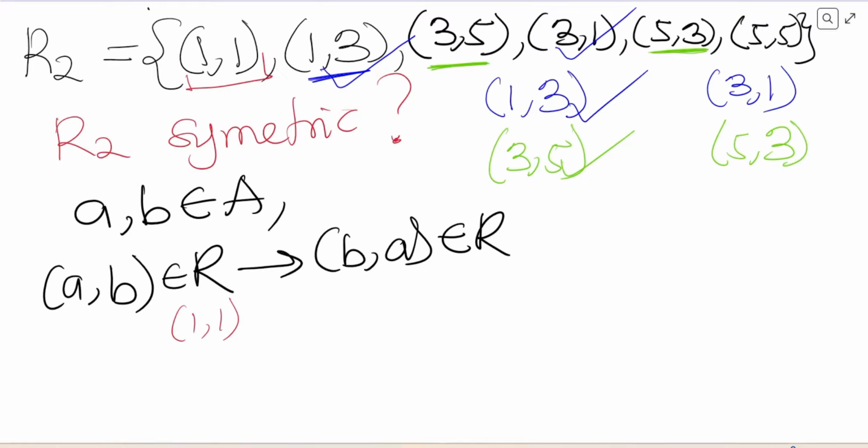The last element is 5, 5, and I said that these guys automatically obey the rule, so you don't waste your time on them. So having checked that all these things are present in the relation, it means that we can conclude that R2 is symmetric.